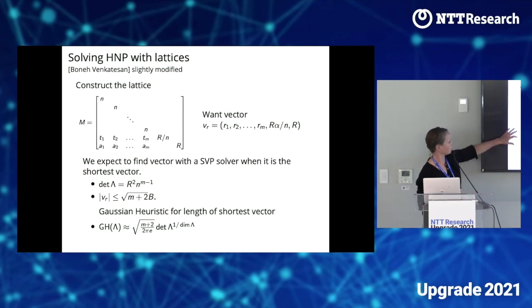If the length of our target is less than the Gaussian heuristic, then we would expect that to show up in a BKZ reduced basis, and so we can use the BKZ algorithm to find the solution. If it's larger, then we wouldn't necessarily expect it to show up in a reduced basis. We would expect the reduced basis to be full of random spurious non-solution lattice vectors that wouldn't actually solve our problem. So that's the hand-wavy version of the analysis here.